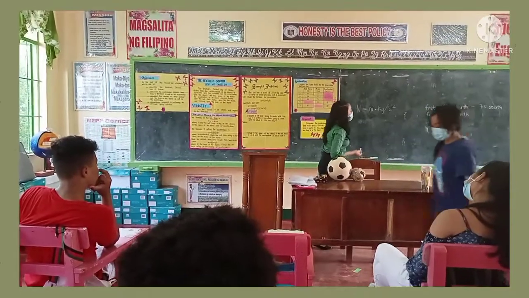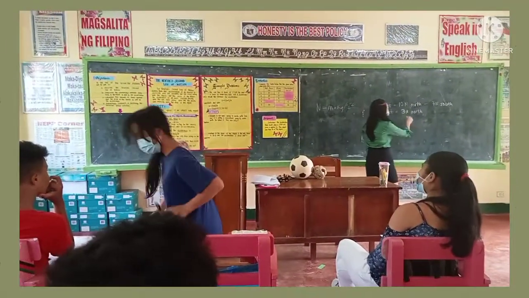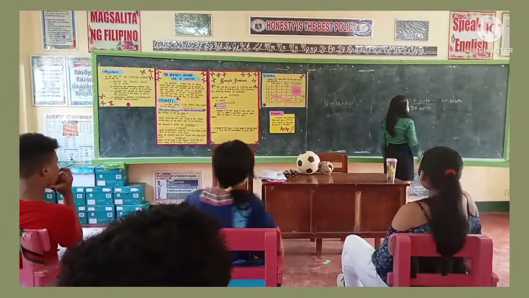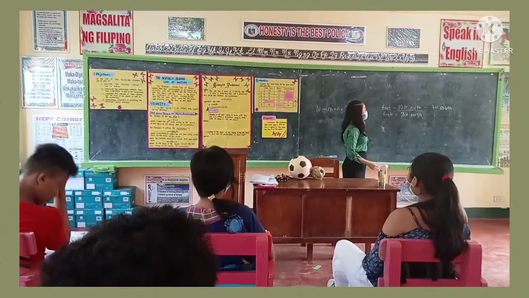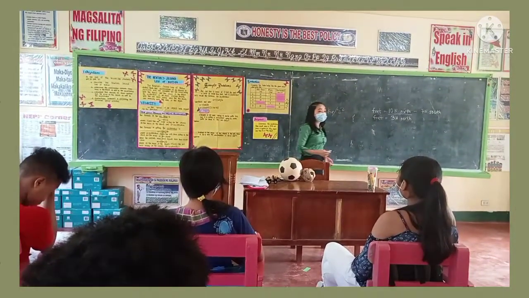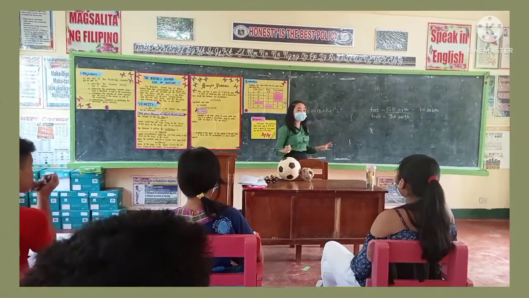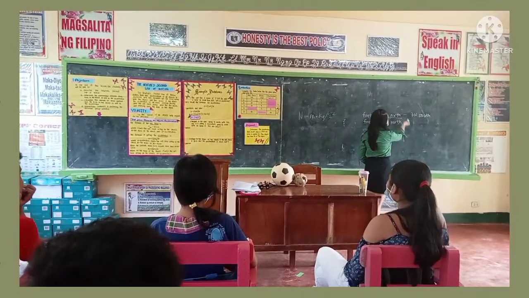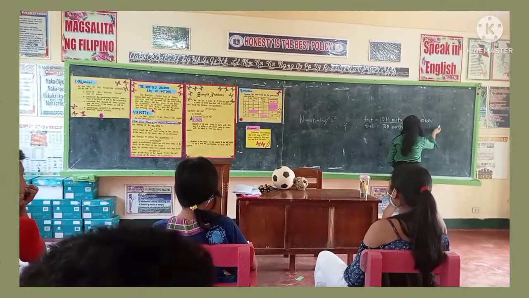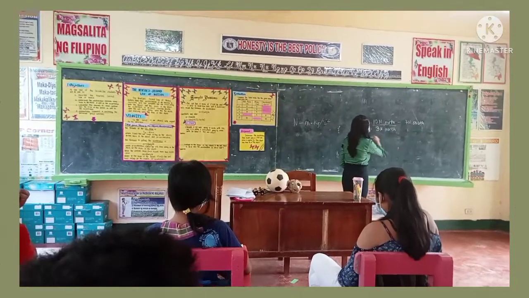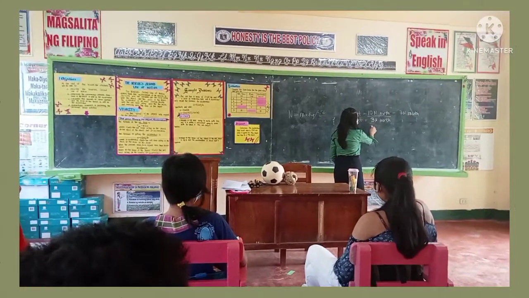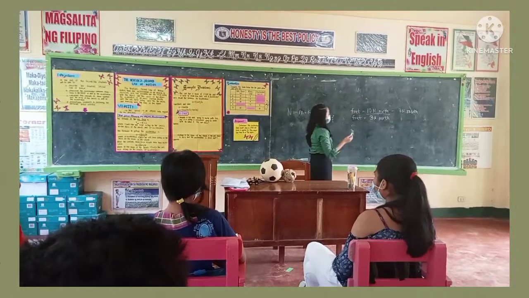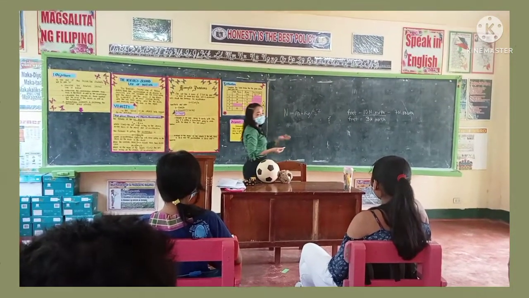Thank you. So the net force is 10 newtons north, and when the forces are going in opposite directions, we will subtract. So 10 minus 7 is 3. So the overall net force is 3 newtons going north.